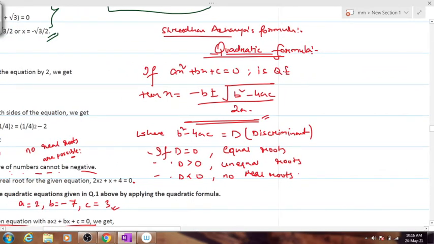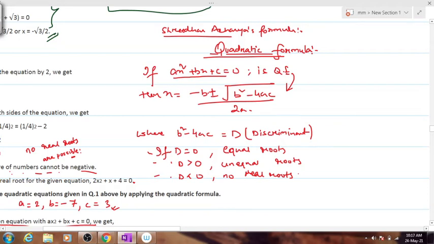If we have ax square plus bx plus c is equal to 0 as a quadratic equation, then the roots, if not found by middle term factorization, can easily be found this way, where x is equal to minus b plus minus root over b square minus 4ac, by 2a. Clear?